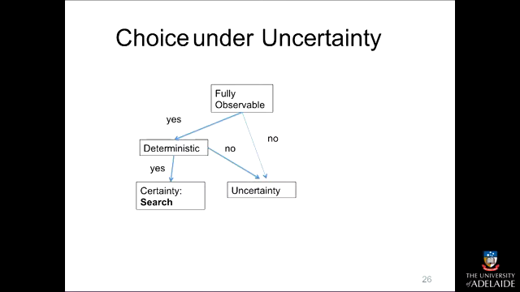So we're going to spend some time looking at search techniques and how we can turn what could be a very, very big search into a tractable search over the next few lectures. If these things are not true, then we potentially have to deal with uncertainty, and we're going to address that in the last few lectures of the course when Ling Chao takes over. And in the middle, there's going to be a chunk about learning as well, just because learning has become so very important in artificial intelligence.